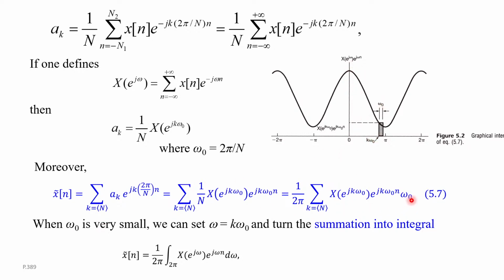When you take the limit of big N going to infinity, which means omega naught goes to 0, then this summation of rectangle areas will become the integration of this thing. And this 2 pi is still this 2 pi.